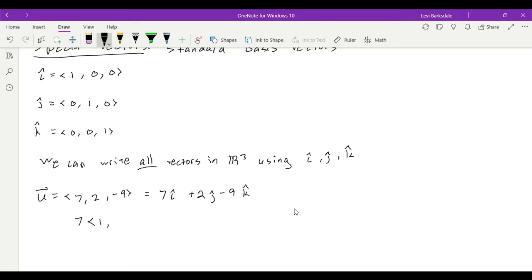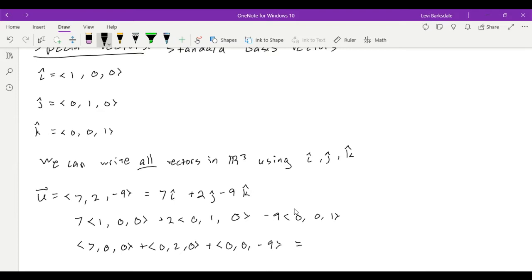To make it really clear, this would be 7 times 1, 0, 0, plus 2 times 0, 1, 0, minus 9 times 0, 0, 1, which is 7, 0, 0, plus 0, 2, 0, plus 0, 0, negative 9, which of course comes out to 7, 2, negative 9.